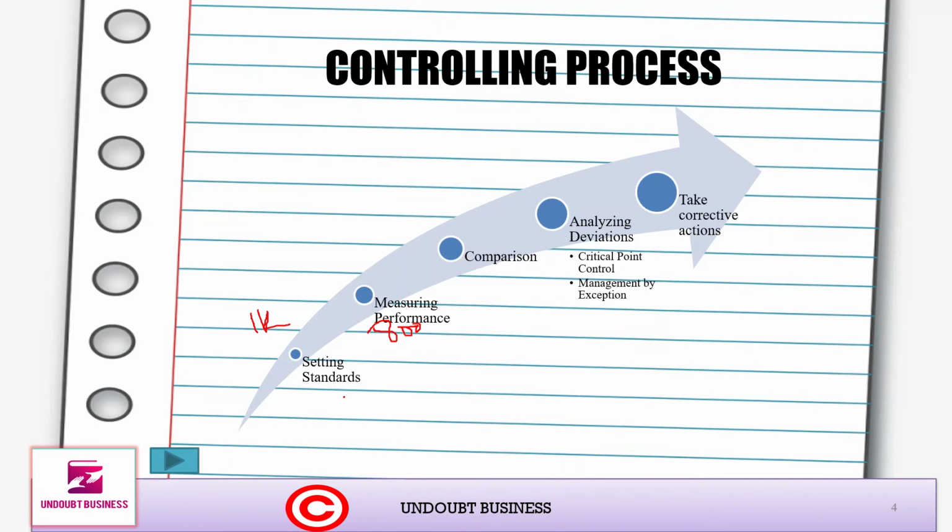It means there is a deviation, a difference between the two. And when we try to find out the deviation, it is 200 units.